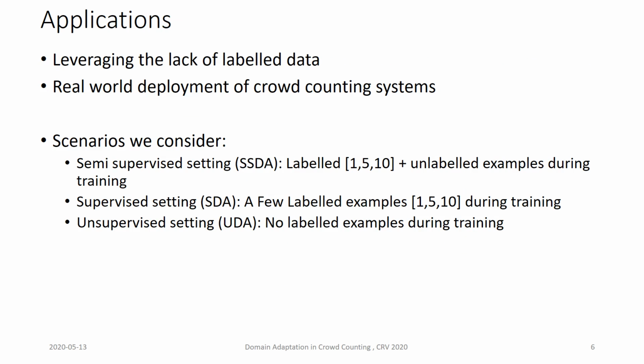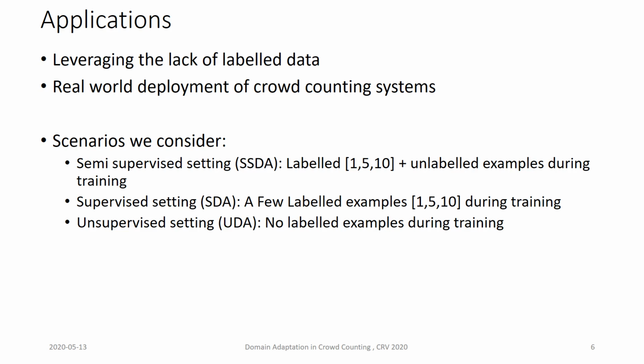The potential applications include leveraging the lack of label data, as we are considering semi-supervised and unsupervised domain adaptation. So in some cases, we don't need label data. And also the problem setting is close to real world deployment of crowd counting systems.